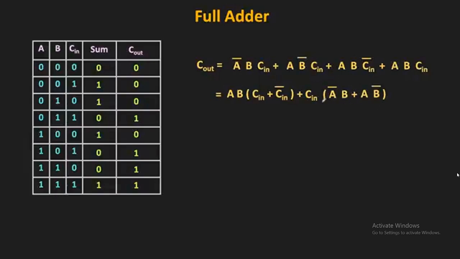If we take C in outside, then we will have A bar B plus A B bar, which also corresponds to A XOR B. Similarly, the other term, that is C in plus C in bar, will be equal to 1. That means we can also write the expression as AB plus C in into A XOR B. This is another way of writing the carry output.